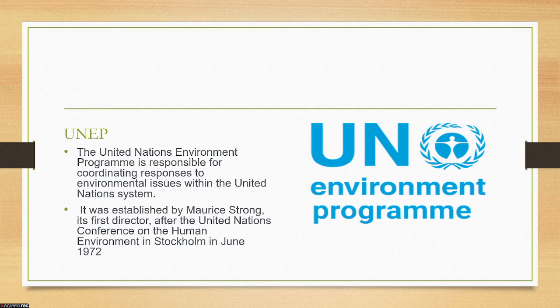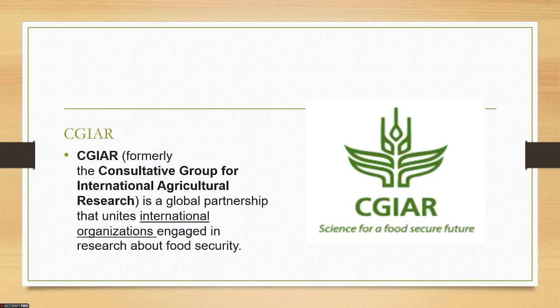The UNEP, United Nations Environment Programme, is responsible for coordinating responses to environmental issues within the United Nations system. It was established by Maurice Strong, its first director, after the United Nations Conference on Human Environment in Stockholm in June 1972.